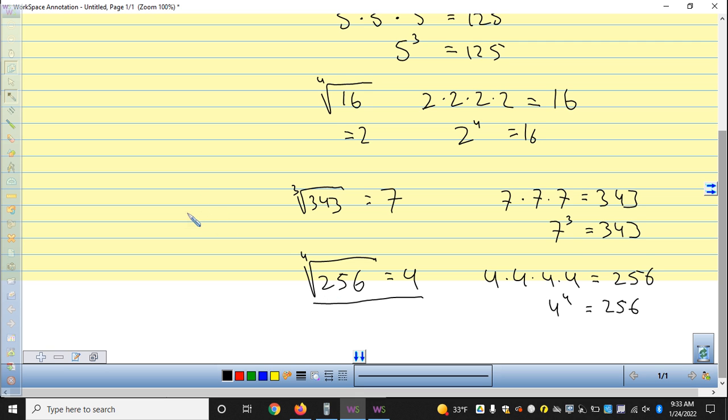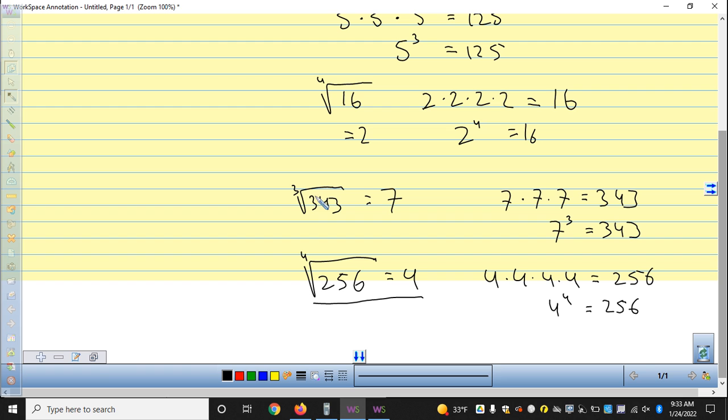All right, so why are we talking about finding roots? Well, we can kind of see the relationship here between a root and a power. We can write roots as exponents. So instead of saying the third root, we can write this as an exponent.